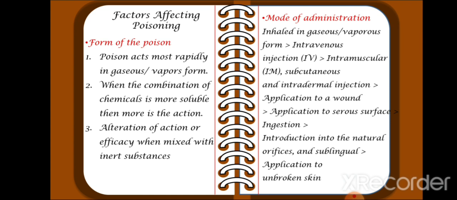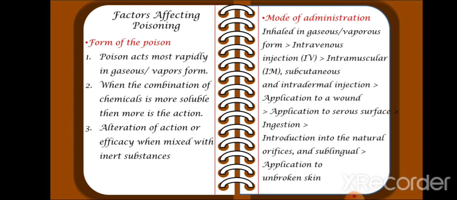Application to the serous surface is more toxic than ingestion, and introduction to the natural orifices like the anus, nasal septum and ear canal, which have less tendency to get toxins into the body than applying on the serous surface.